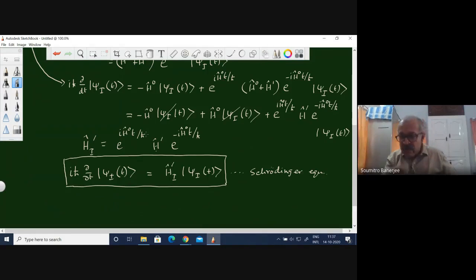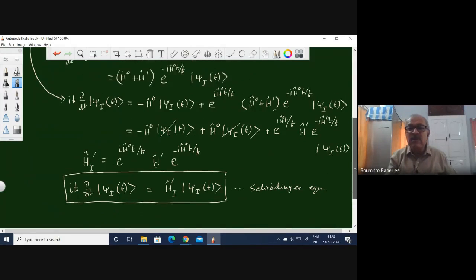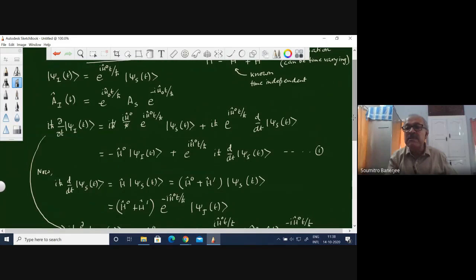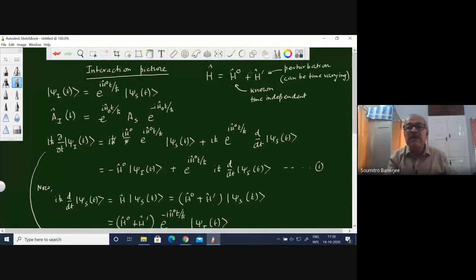Now you might notice that in the formalism, whatever we have written, if this part is absent, then this whole thing boils down to the Heisenberg picture. Exactly the same. So here we have only additionally kept this part.